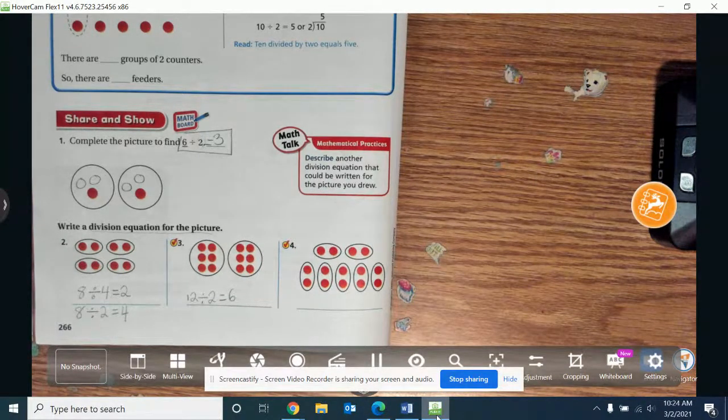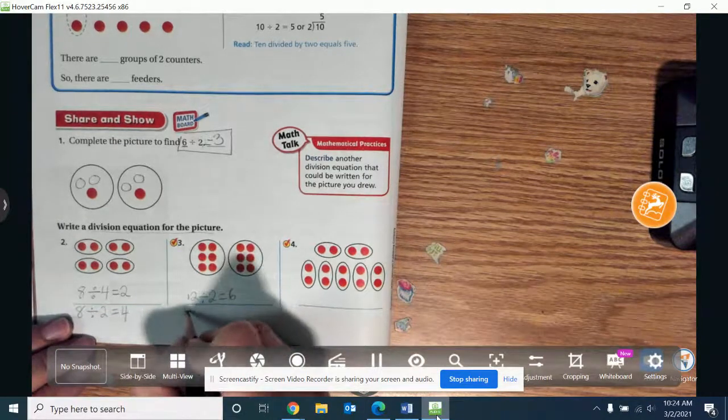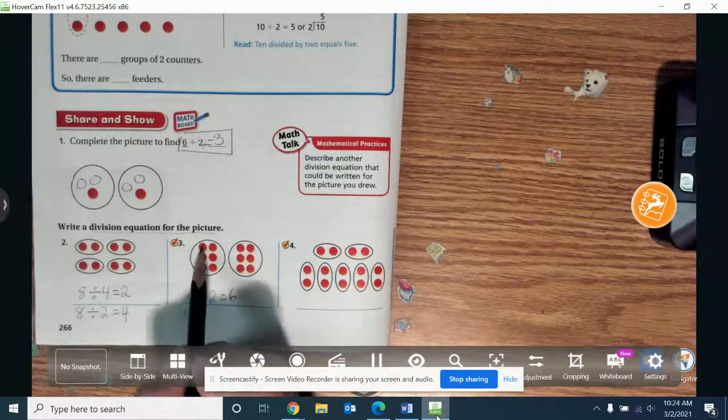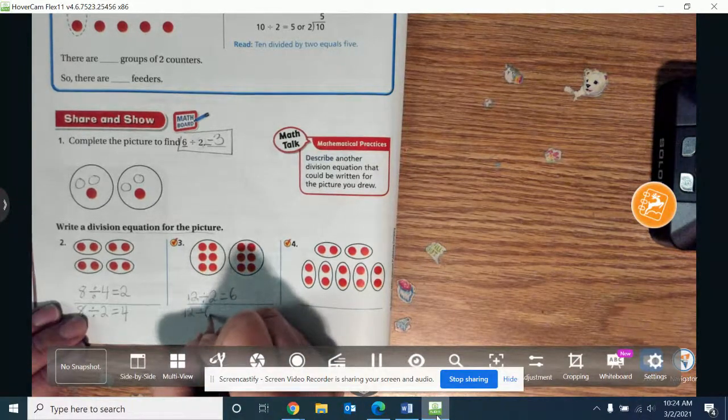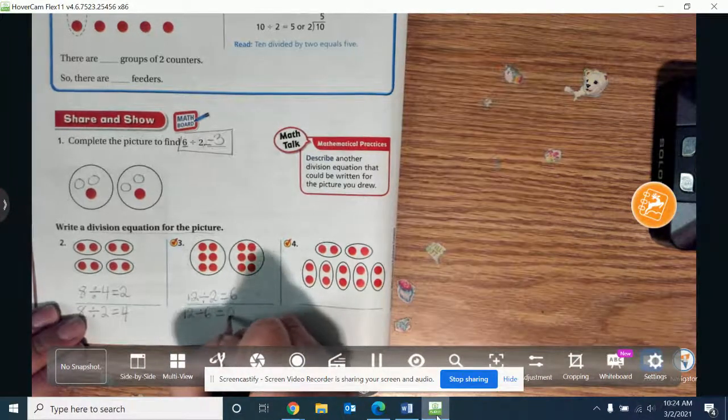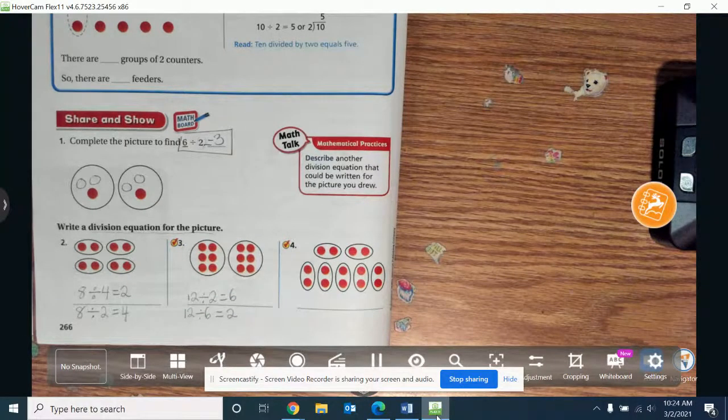And the related equation, it's still the total number of counters. Put 6 in each will give us 2 groups. They are both correct.